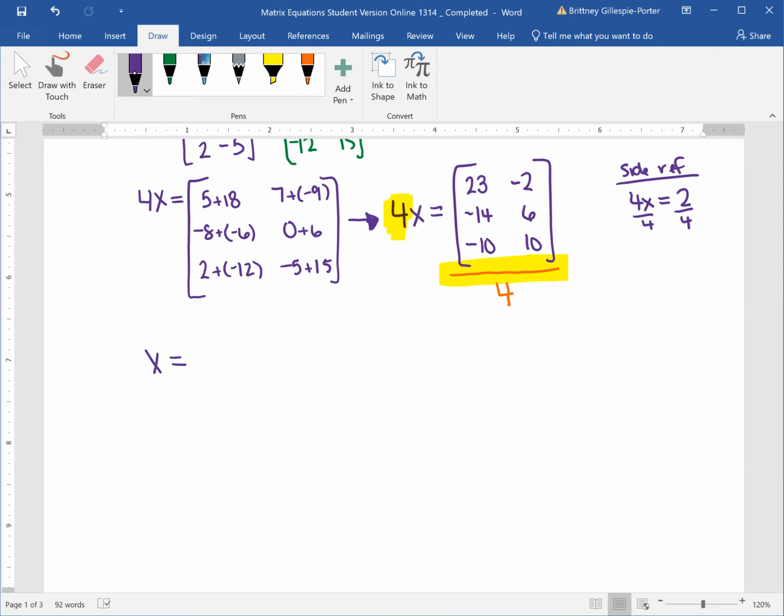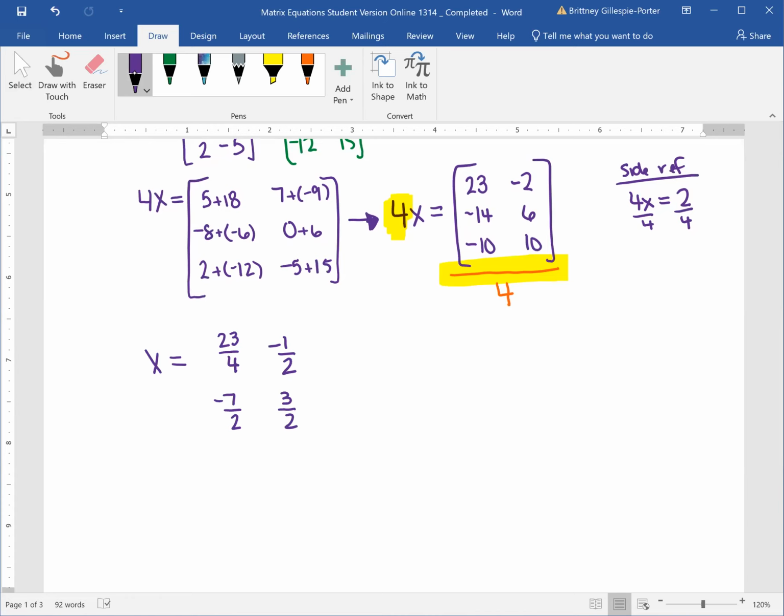So we would have 23/4, which doesn't reduce. -2/4 gets us -1/2. -14/4 reduces to -7/2. 6 divided by 4 reduces to 3/2.